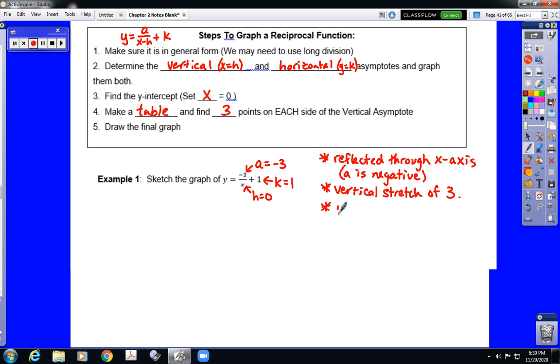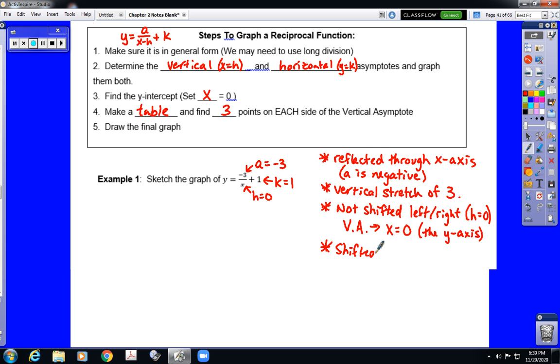It is not shifted left or right. That would be because h equals 0, which means our vertical asymptote is x equals 0. Okay, and it is shifted up 1 unit.